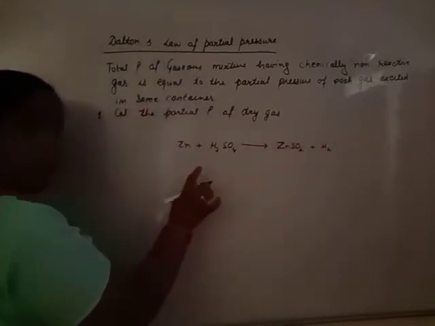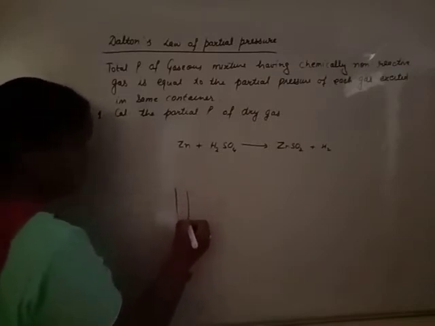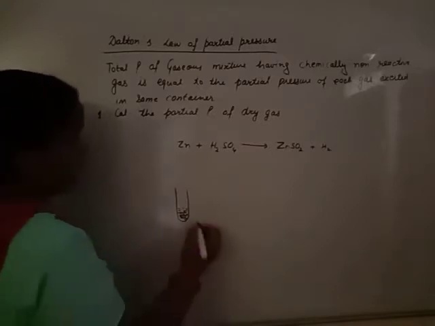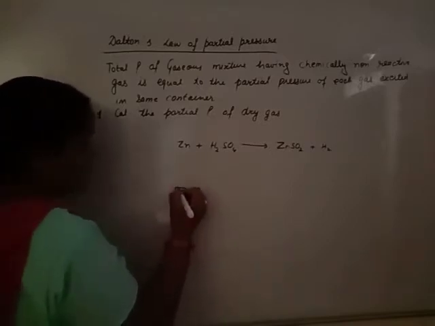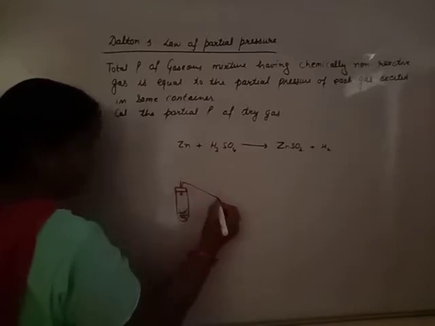It will be done like this in a test tube. We use some zinc granules mixed with sulfuric acid or hydrochloric acid, and close it with a delivery tube where the gas comes out.